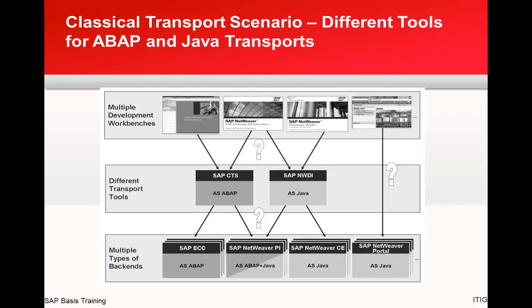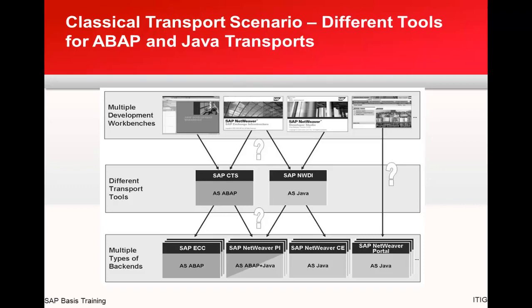Okay, you can see this is the exchange infrastructure, where you can have a separate CTS for your ABAP instance. Then using NWDI you are transporting your Java instances, and you have NetWeaver Developer Studio.